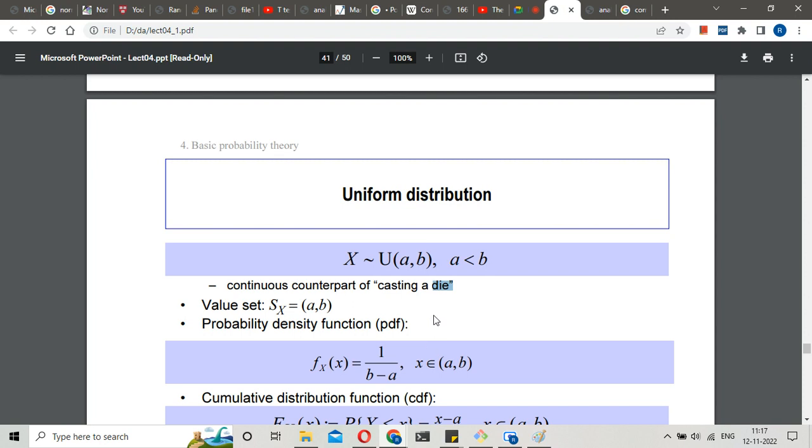But that is also discrete in nature, right? Let me also check. Okay, we can call them discrete.